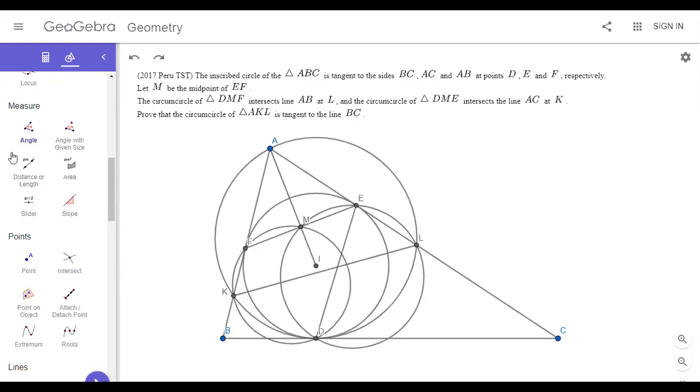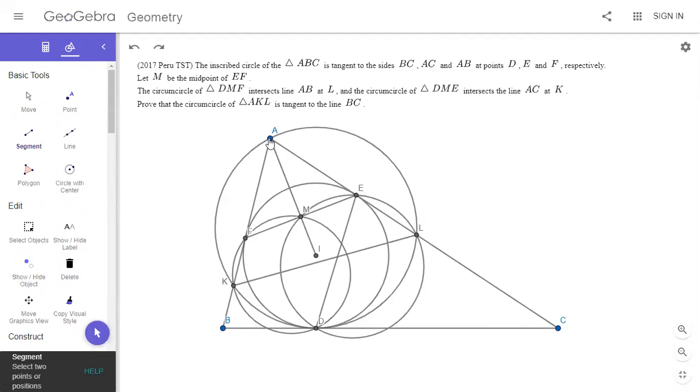Draw line AD. Since AD is the symmedian of DEF. Yes. Okay, so basically angle DME is equal to angle FDA.